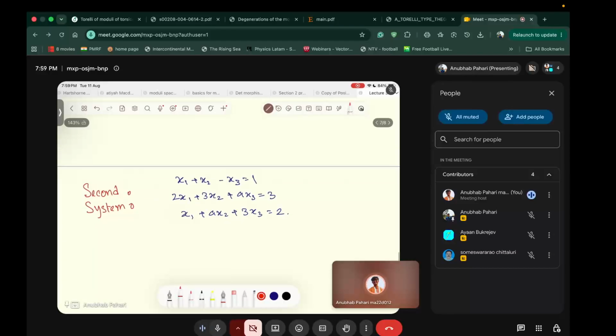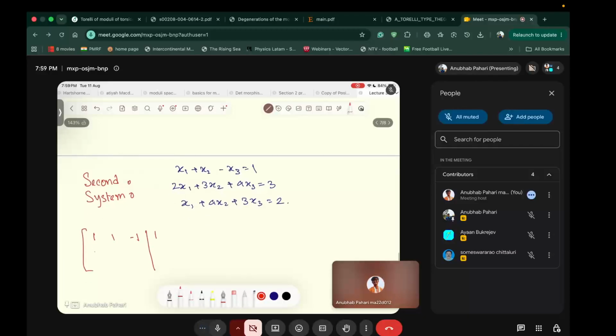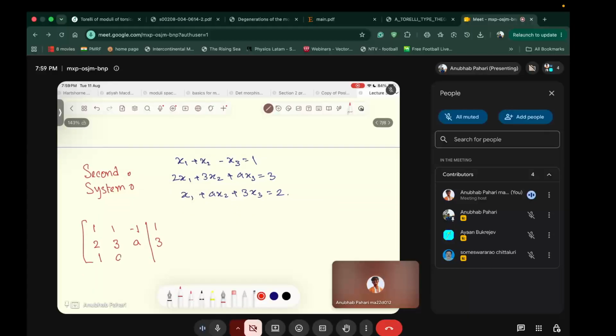So now take again the augmented matrix as 1, 1, minus 1, 1; 1, 2, 3, a, 3; 1, a, 3, 2. And now if you change it with R2 going to R2 minus 2R1 and R3 as R3 minus R1, then you will have 1, 1, minus 1 and 1.